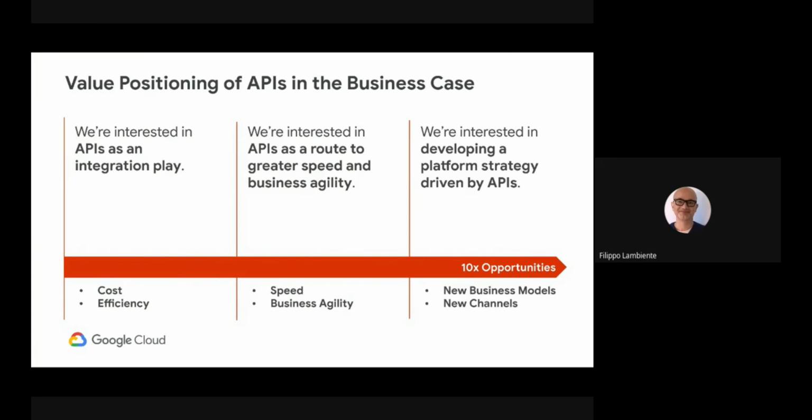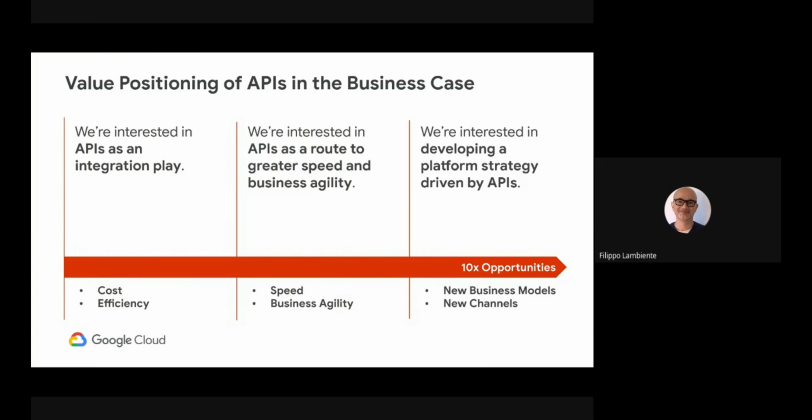We see that more mature customers are interested in using APIs to be more agile from the business point of view, to be able to respond more quickly to their marketing or business units in order to release new services, provide new functionalities, and so on.